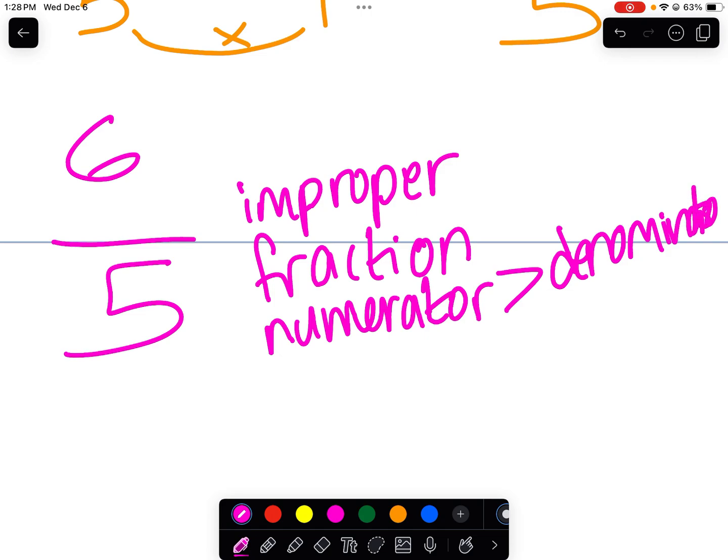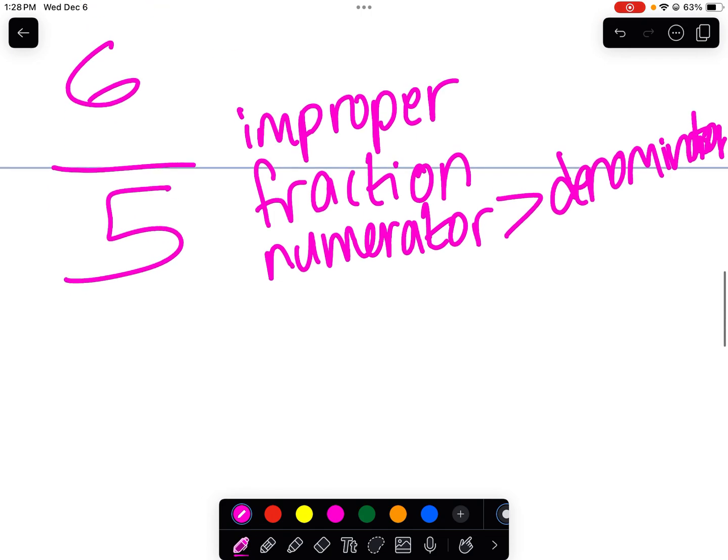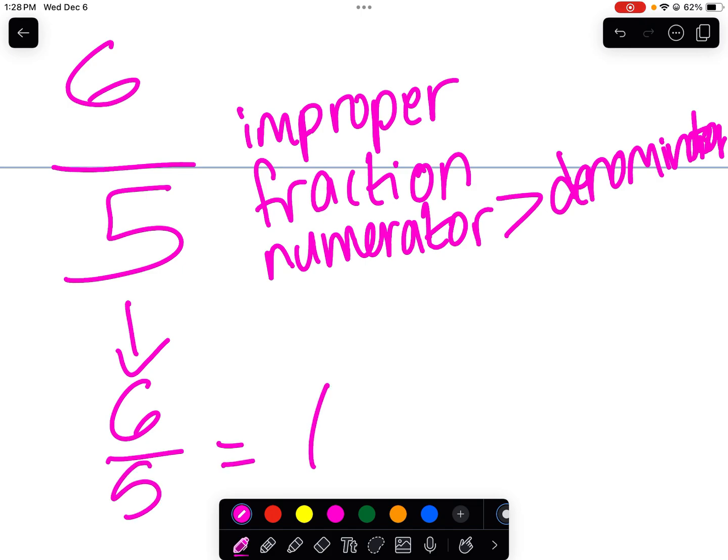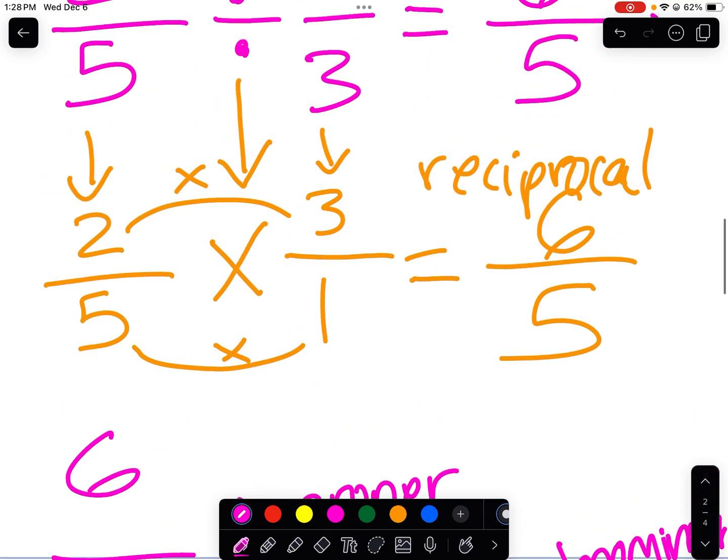Denominator is downstairs. And so if you know how to do this, maybe you haven't learned quite yet, you might already know that 6/5 equals 1 and 1/5. And so our answer is 6/5, also known as 1 and 1/5. Are we having fun yet? I am. I hope you are.